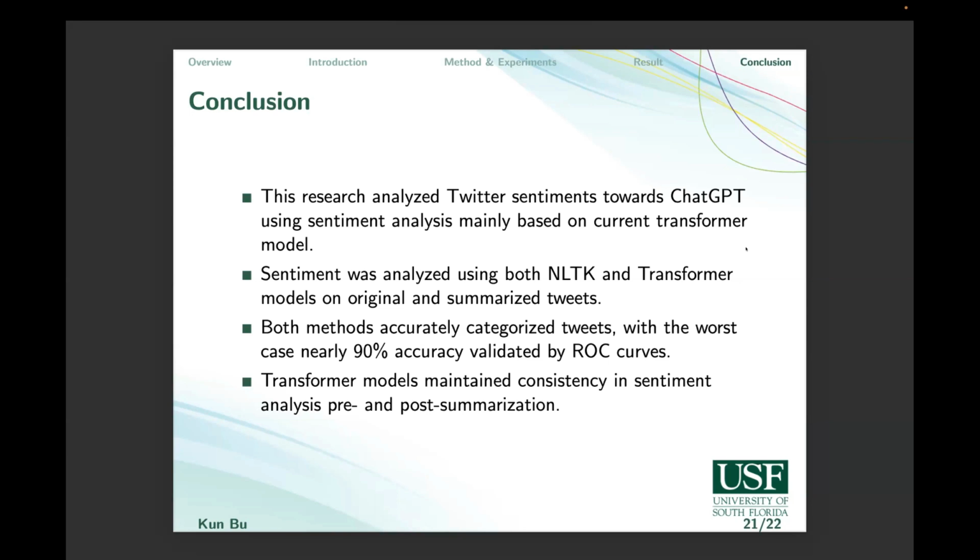So I think that's why most users hold neutral opinions. Another conclusion is that both methods can accurately categorize the tweets, with the worst case at nearly 90% accuracy, and our transformer model maintains the consistency in sentiments before and after the text summarization.